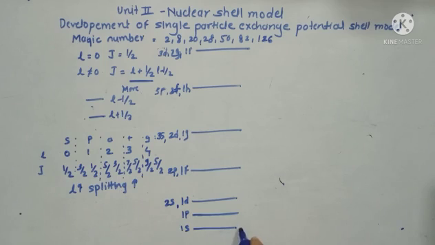Okay, so the 1s orbital will not change, it will not split, so it will remain as it is, as 1s 1/2.